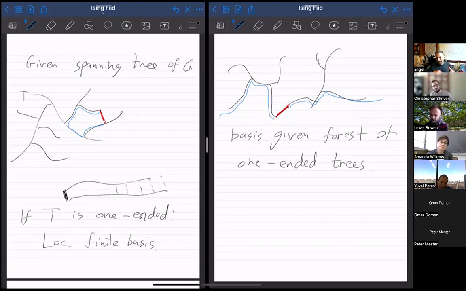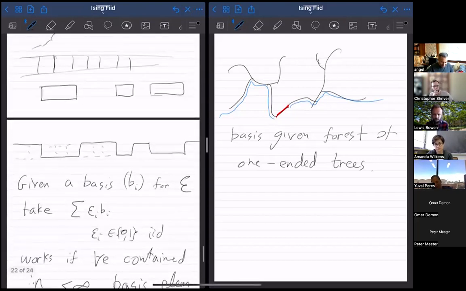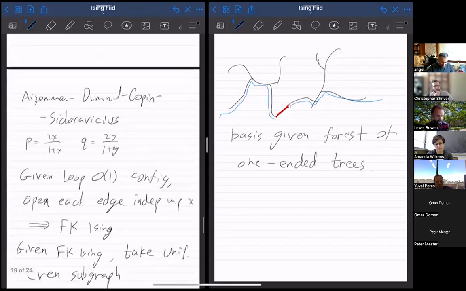Well, if you refer to what we were doing here with the even subgraph of FK Ising, then in the free case we do need to tailor this to the graph in some ways in order to get this locally finite basis. That's partly the reason. So we had this list of several categories of graphs where we can do things.